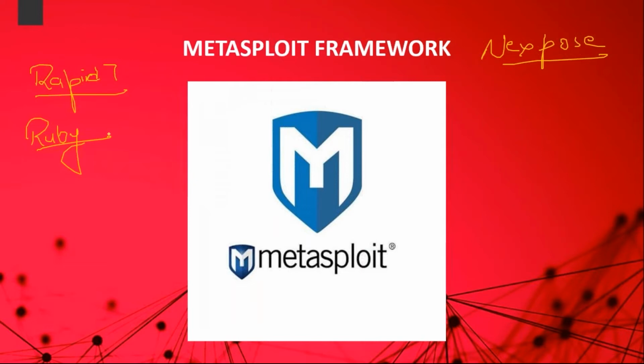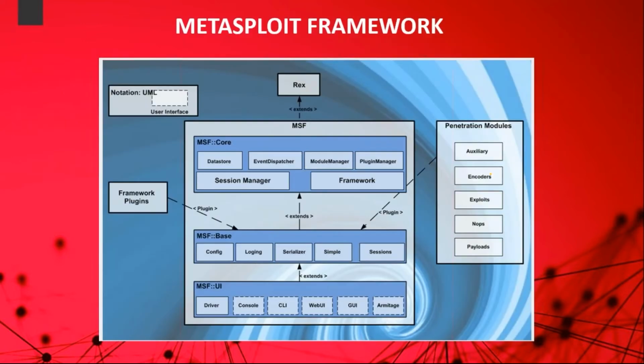So it's created on Ruby, correct? Now the thing is, how does the Metasploit framework look from inside? It looks something like this. This is the architecture of Metasploit framework, right?